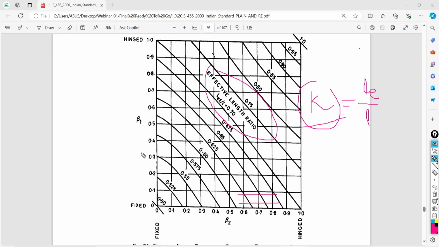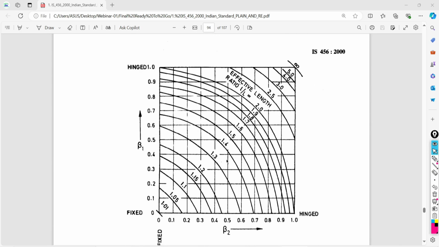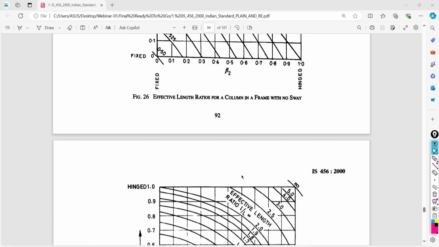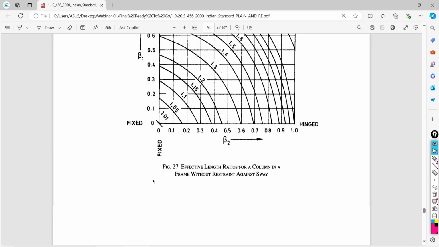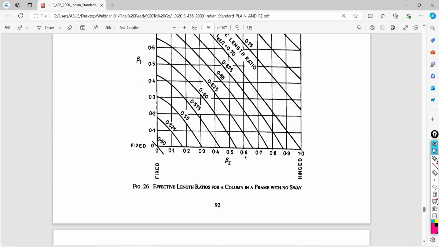So these charts we have to use. You will have two charts, Figure 26 and Figure 27. Why have these two charts been given? The code should give only one chart for the same calculation. Actually this is differentiated due to the type of the frame.